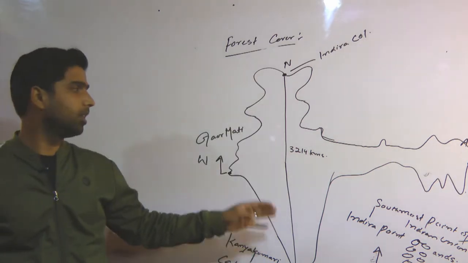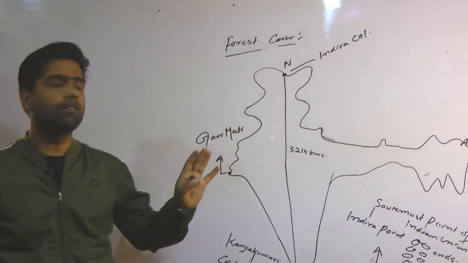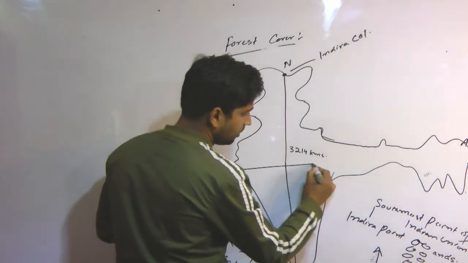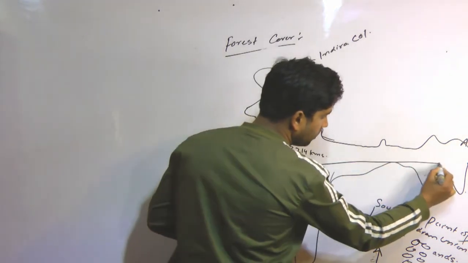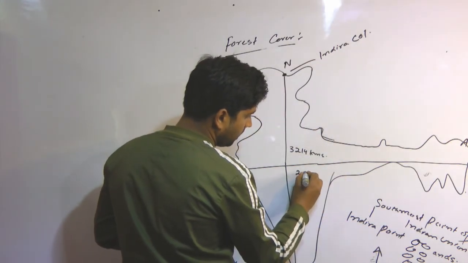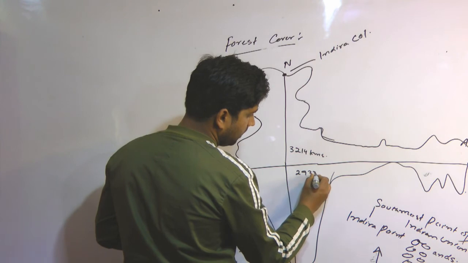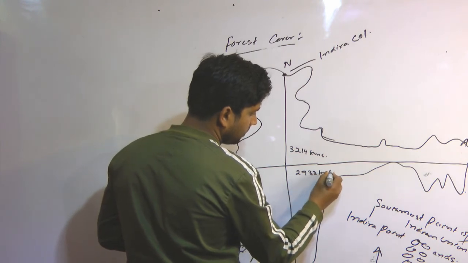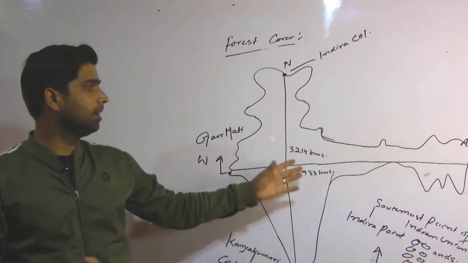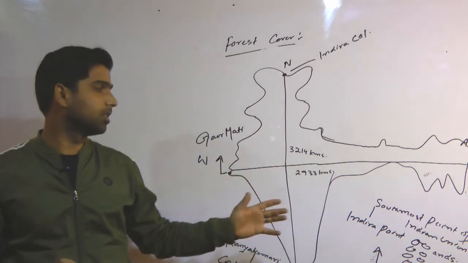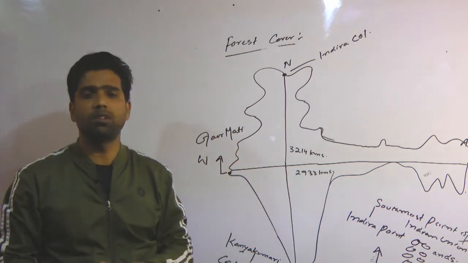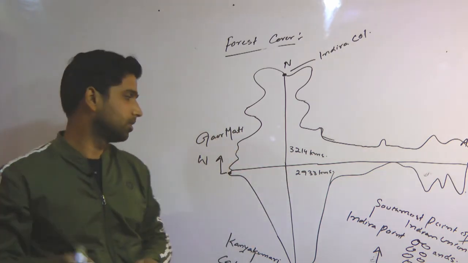From north to south, India is 3,214 kilometers, and from west to east, India is 2,933 kilometers. From north to south, India is 3,214 kilometers, and from east to west or west to east, India is 2,933 kilometers.